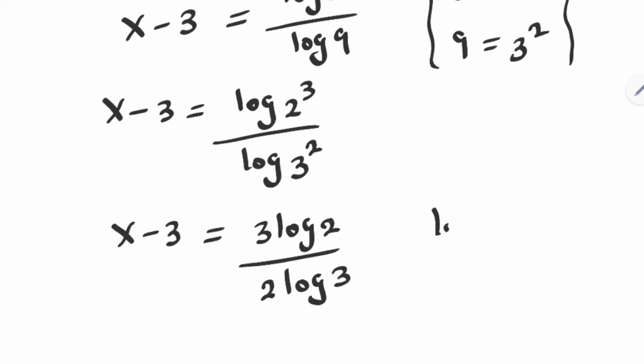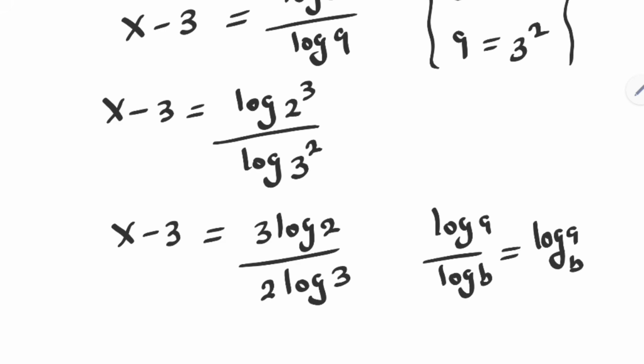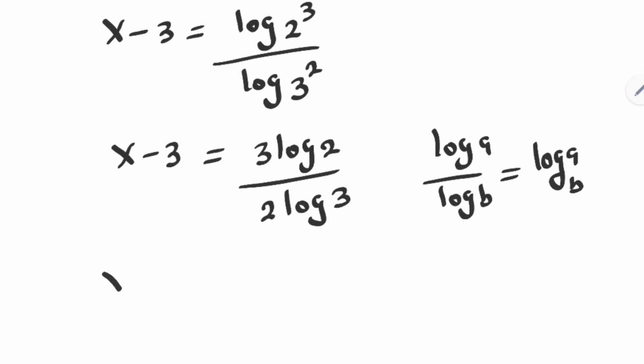Now if you have log A divided by log B, this is equal to log A base B. Then x minus 3 is equal to 3 divided by 2 log 2 base 3.